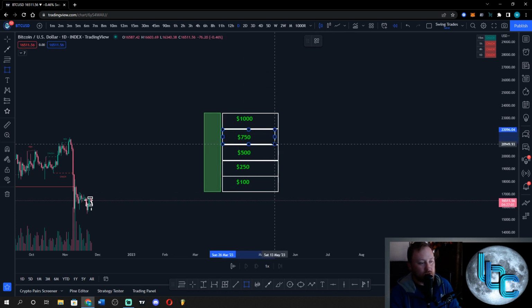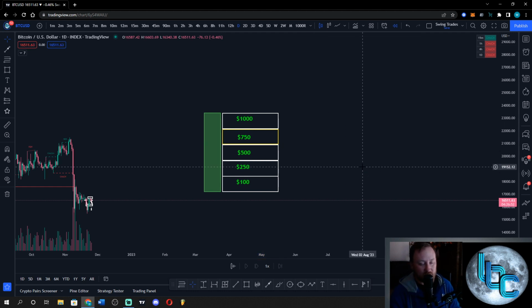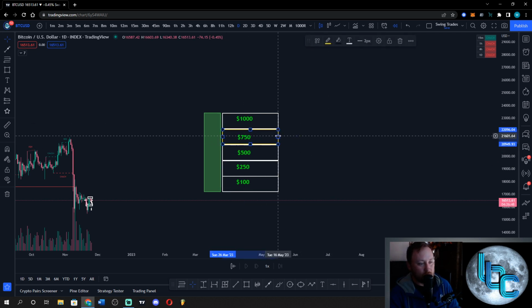So you could see inside of the 750 range, maybe it gets a golden box, and you will see this in the footprint indicator that I'll show you in just a second. Let me go ahead and bring that to the front so we can see it really good, and let's make it a little bigger. There we go.